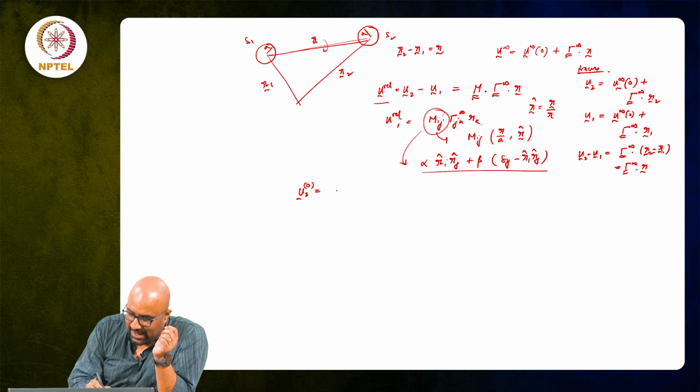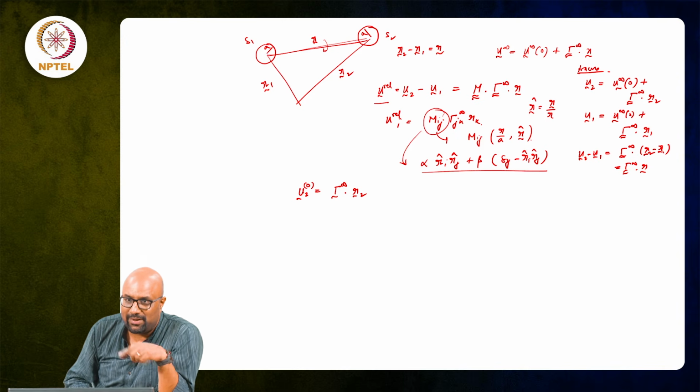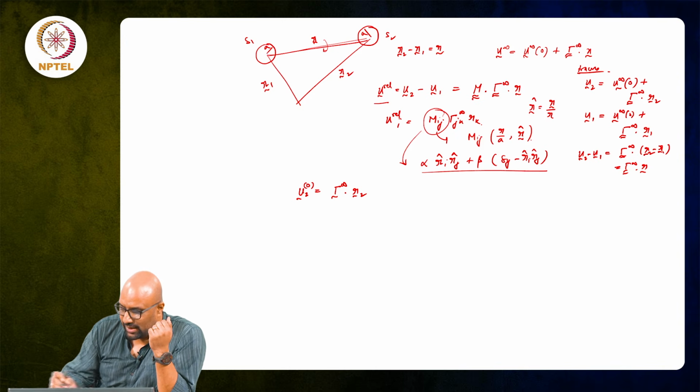So, I can write this as gamma infinity dot R2. Directly I can write it as gamma infinity dot R2 about the center. On the surface there is going to be a spin, but on the center of that second sphere the velocity is going to be gamma infinity dot R2. So, it is just like a tracer.